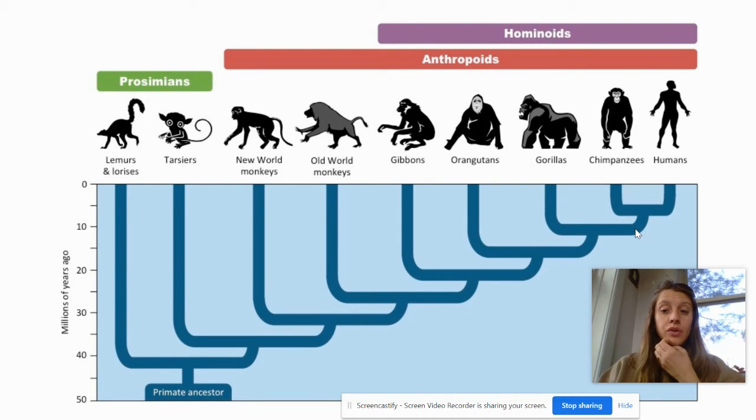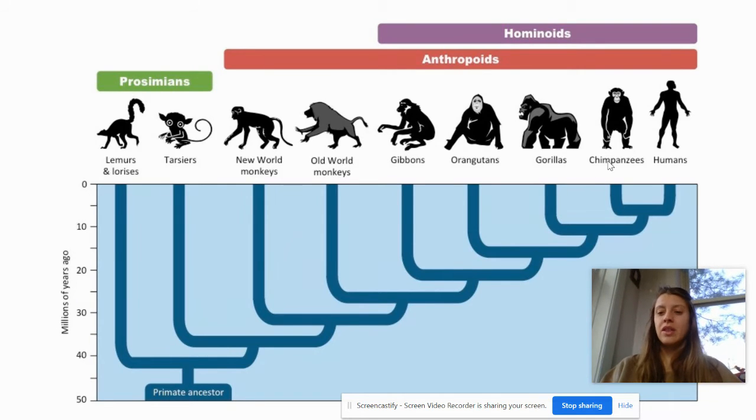When you are looking at these relationships, if I were to ask you who's the most closely related, you want to find who has the fewest nodes separating them. Humans and chimpanzees only have this node separating them, whereas chimpanzees and gorillas are next to each other on this chart, but they're separated by this node and this node.